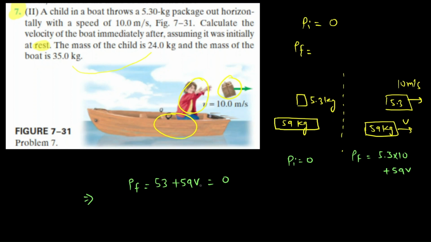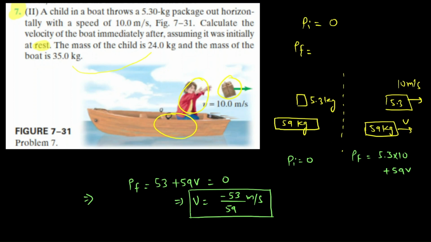So 53 plus 59v equals 0. From here I get the velocity as negative 53 over 59 meters per second. Let me quickly check our answer as well.